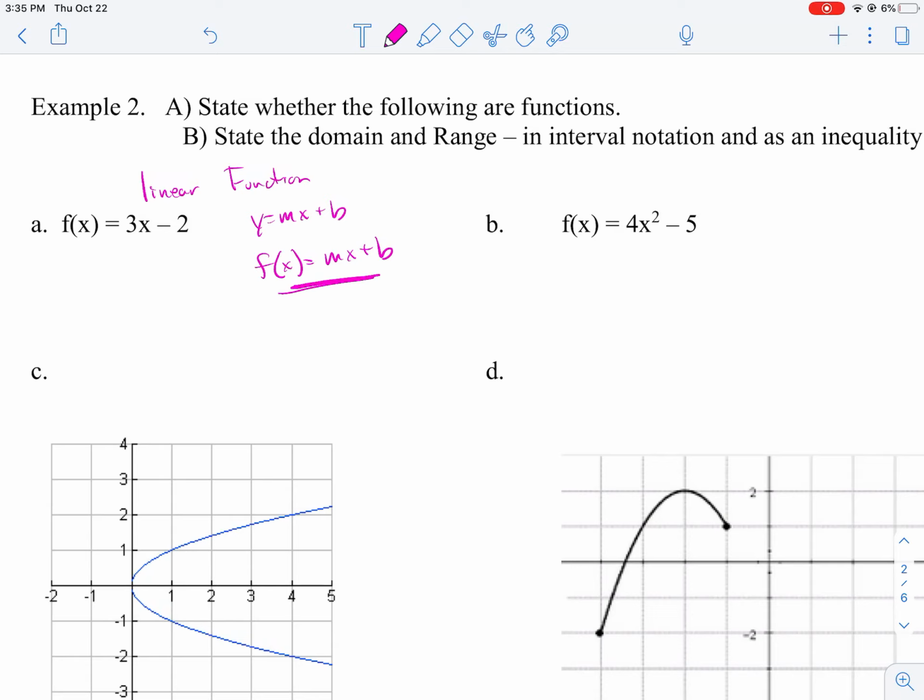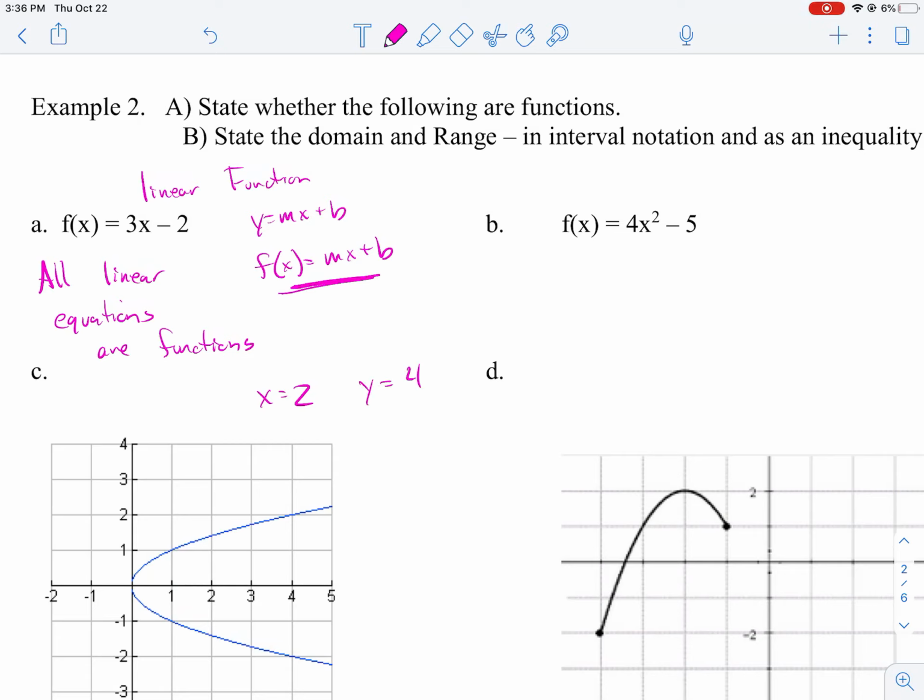So what's nice about linear equations is all linear equations are functions, right? If I put x is equal to 2, I'm only getting one answer for that, which is 2 times 3 is 6, minus 2 is 4, right?